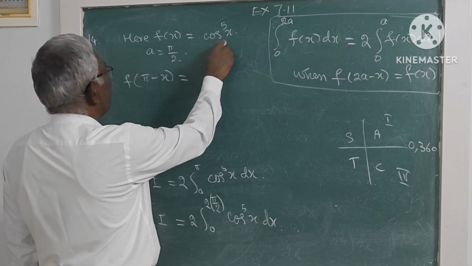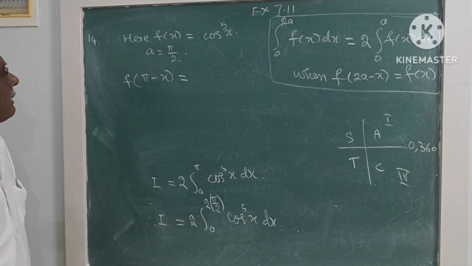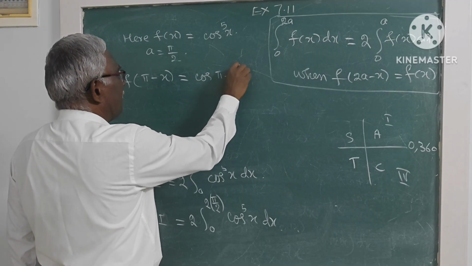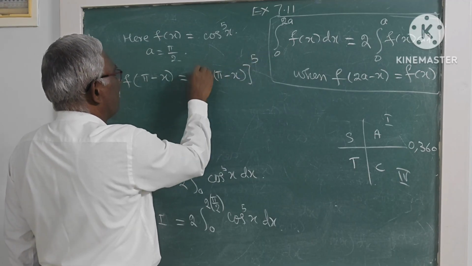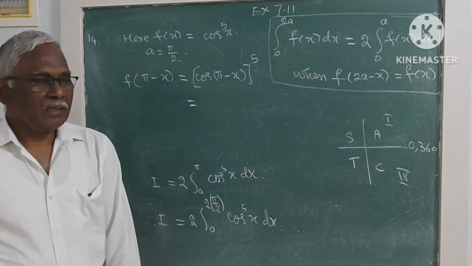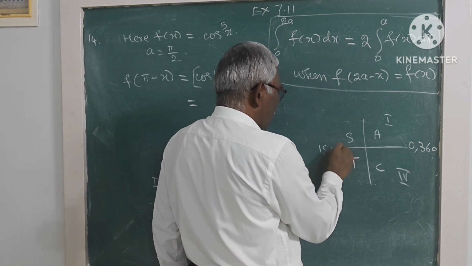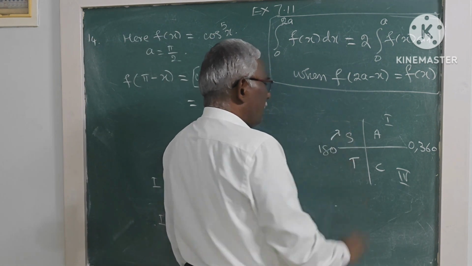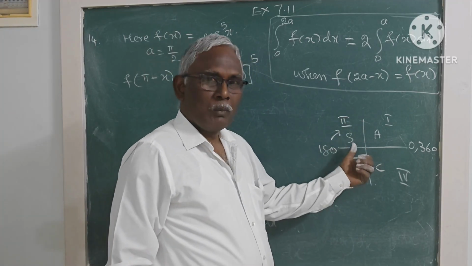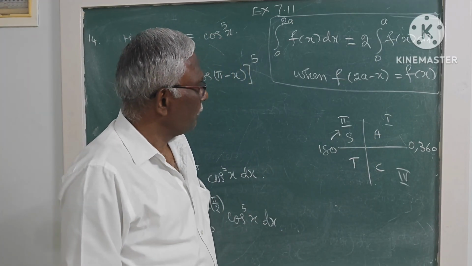So f of x is this one. F of pi minus x: wherever x is there, we have to replace x by pi minus x. So cos of pi minus x power 5. What is cos of 180 minus theta? 180 minus theta is in the second quadrant. In the second quadrant only sine and 1 by sine, cosecant, have positive value.